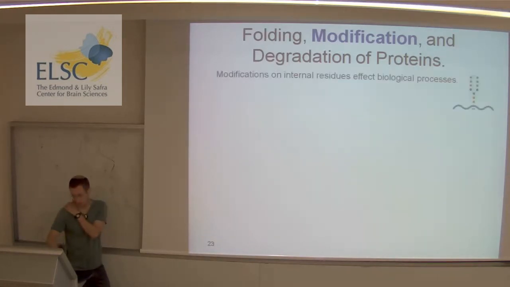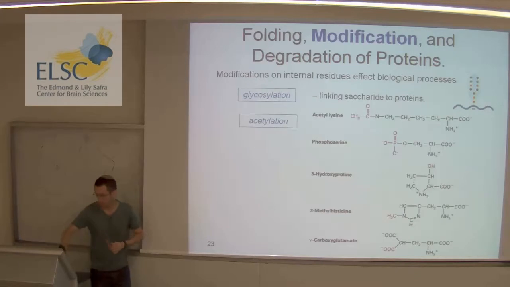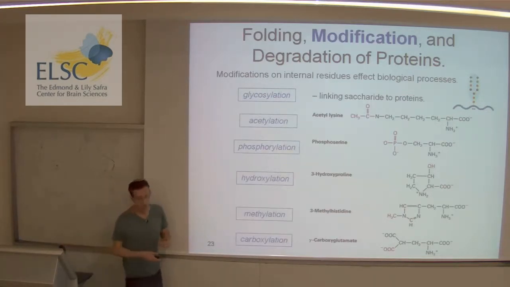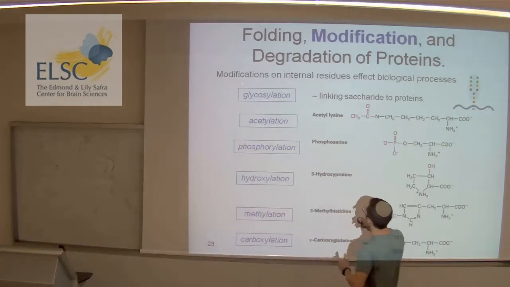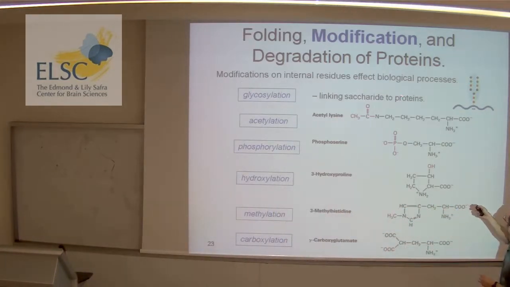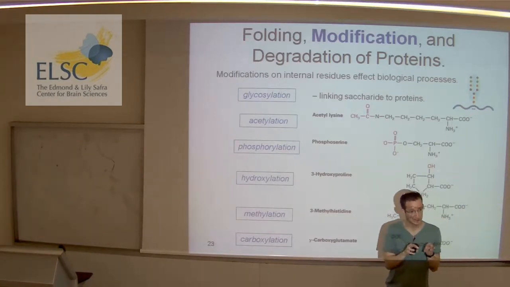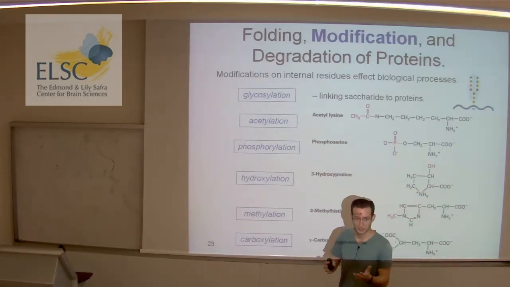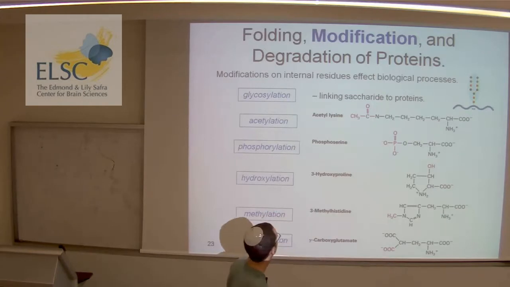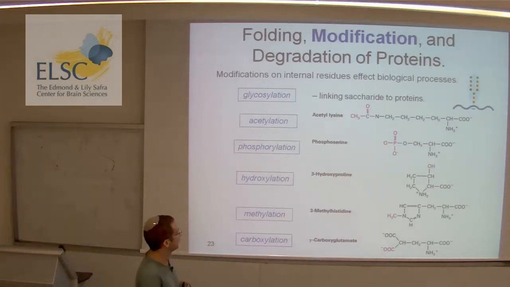Let's see some additional modifications. So for instance, glycosylation. Glycosylation is the linkage of a saccharide somewhere on the protein. It's a very common modification for a secreted protein, proteins that are synthesized in the cell and secreted to the cell environment, because it has a protective property that protects proteins from the harsh environments that exist outside of living cells.